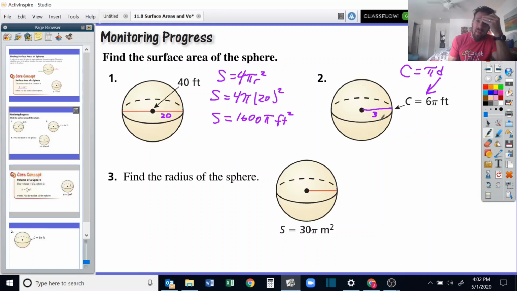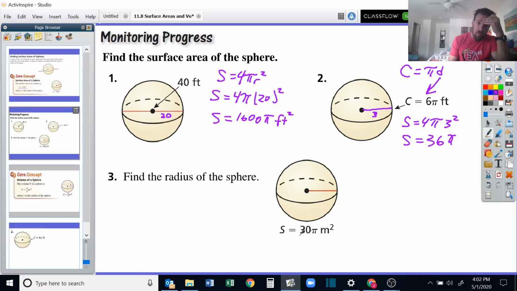You've got to do that thinking first before you can apply that radius into the surface area formula. Once we've got that, it is 4 pi times that 3 squared. 3 squared is 9 times 4 is 36. So our surface area here would be 36 pi.